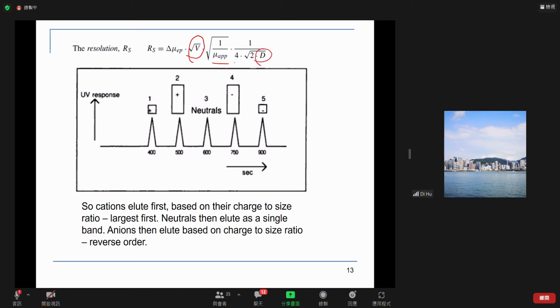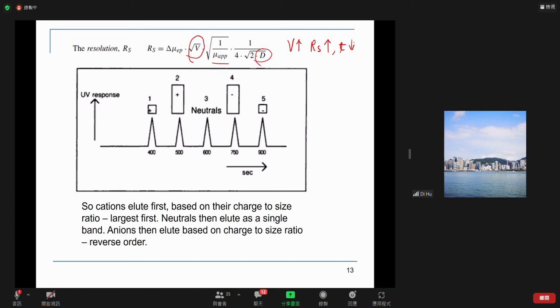If we increase the voltage, there's no pump, so the driving force is the voltage, the electric field. So high voltage means a high driving force for the whole separation. That can help increase the resolution, increase the separation efficiency, and decrease the separation time.